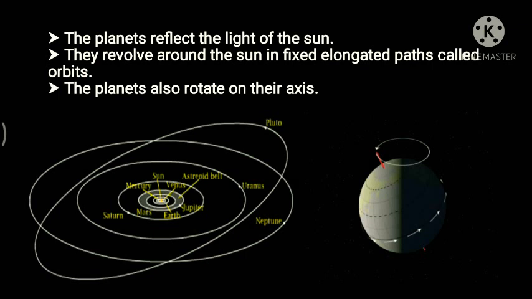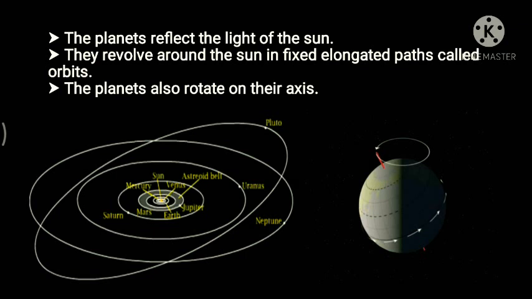Along with that, they revolve around the sun in their fixed elongated paths, and these paths are called orbits. All the planets have their fixed path. It's not that sometimes they collide with other planets. No. All the 8 planets that we have each have their own path, and that path is termed an orbit.